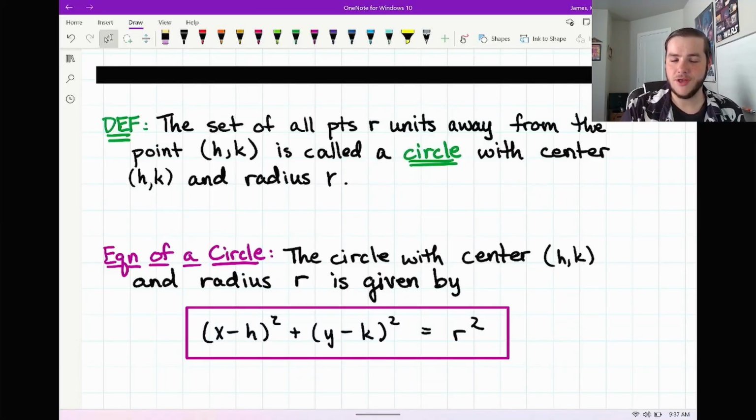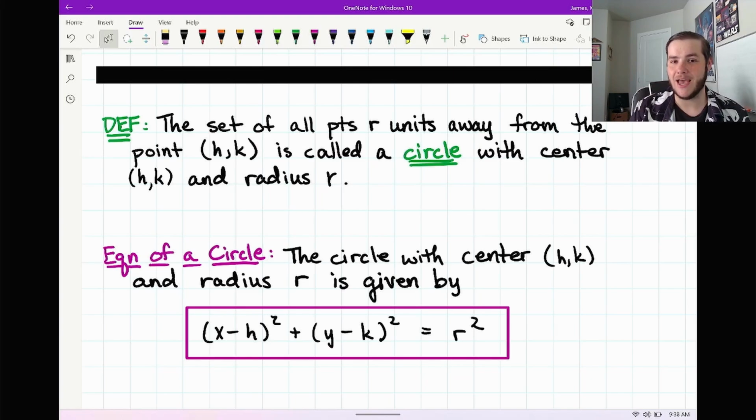A circle is just the set of all points that are equidistant from another point. We call that distance the radius, and that middle point the center. So, a circle with center h comma k and radius r is given by this formula, that r squared equals x minus h squared plus y minus k squared.